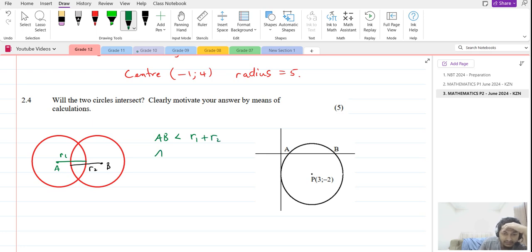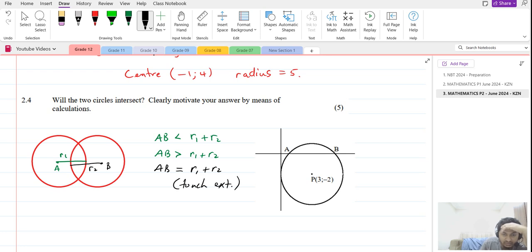And if AB is greater than R1 plus R2, then they will not intersect. And if they are equal, then they will just touch. Alright, they touch externally. Right, so that's the theory behind it.